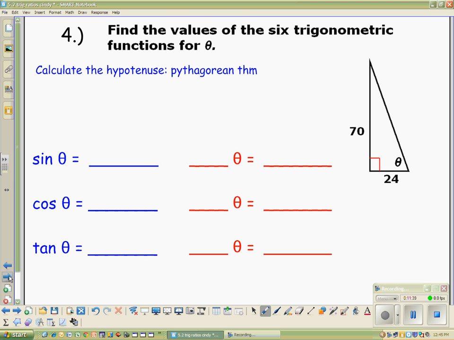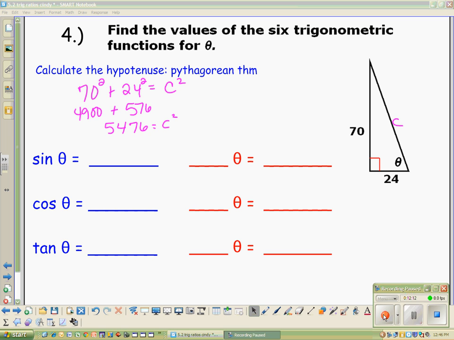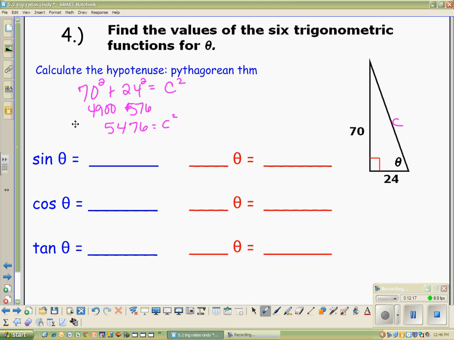Number 4, find all values for the 6 trigonometric functions and express those. So calculate the hypotenuse on this one. 70 squared plus 24 squared will equal my hypotenuse squared, which I'm just going to refer to as C. Quickly I did 70 squared, got 4,900, and then I did 576, which was 24 squared.